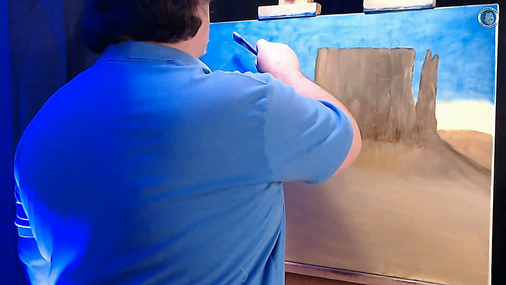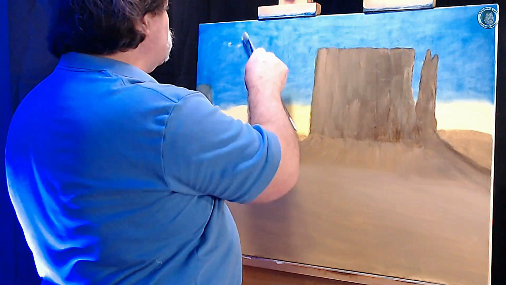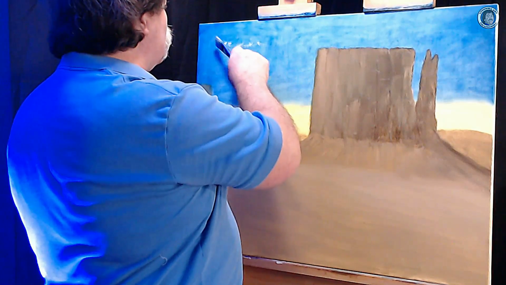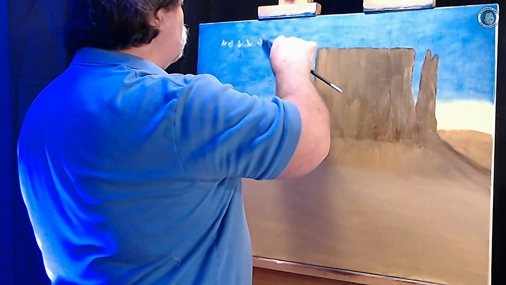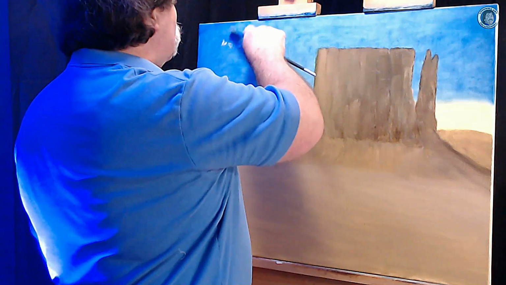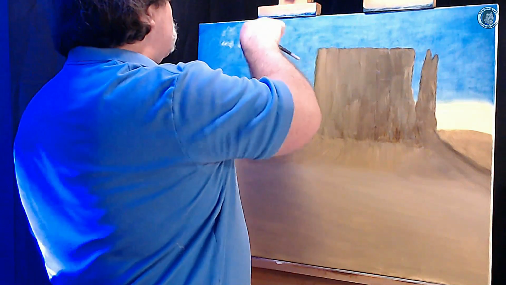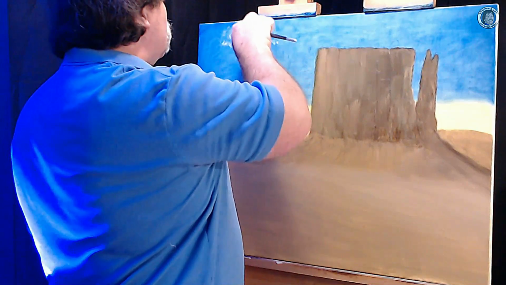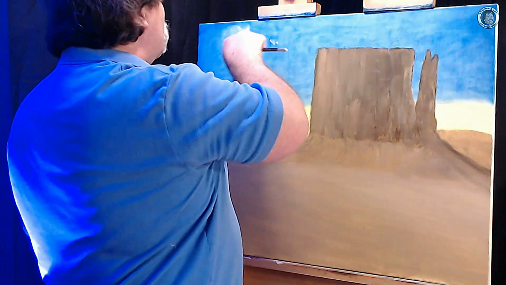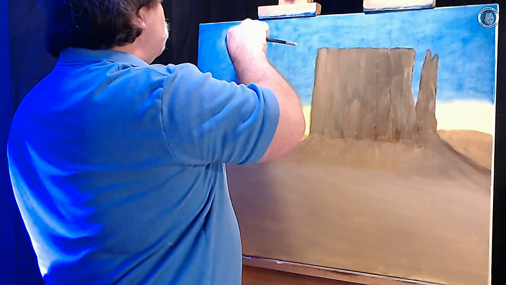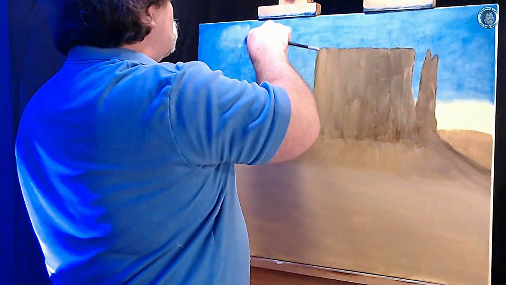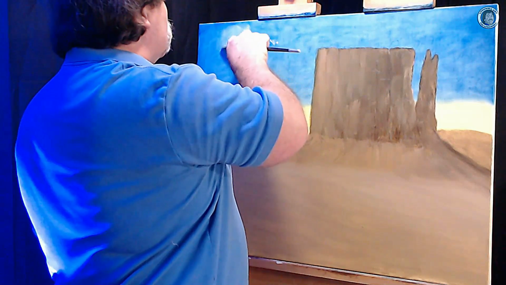You come up here and you just kind of lay in where you want your clouds a little bit, so that you got an idea of where you want them. And then just give them a little definition, a little bit of color.